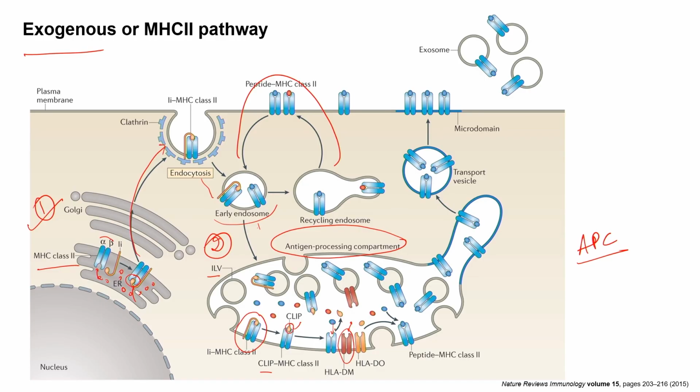So the antigen will be loaded through this removal of CLIP by HLA-DM, which allows the antigen to be docked into MHC class 2. There is another molecule very close to HLA-DM, called HLA-DO. The function of HLA-DO is to maintain the homeostasis or functionality of HLA-DM.